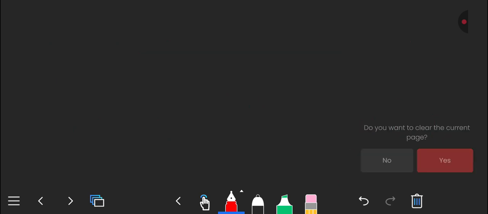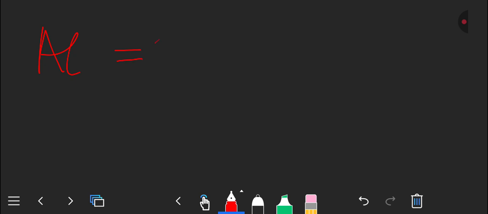So let's say you've been asked to calculate the number of moles in aluminium which has 2.0 times 10 to the power 24 atoms. How can you calculate the number of moles?